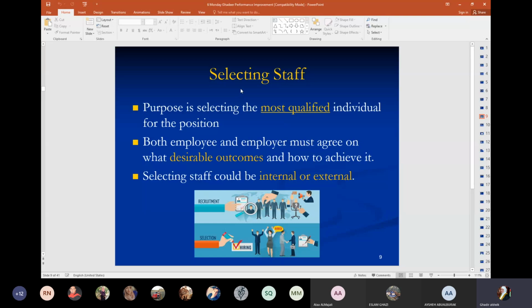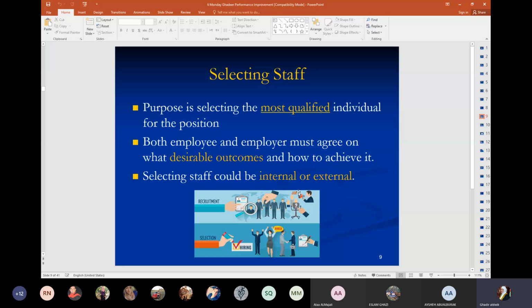Firstly, in the selection criteria, we have to start with what we call the recruitment process. In the recruitment process, there is an announcement. Sometimes the announcement or advertisement could be on social media, in a journal, in a newspaper, or on the website of the hospital.